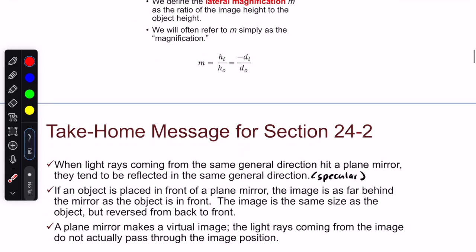So to wrap up this section, we talked about where light rays come from, how our brain interprets where they come from, and that for a plane mirror, it's a specular reflection, so they're all going to be reflected in the same direction. And if an object is placed in front of a plane mirror, then the image distance is equal to the object distance. The image size is the same as the object size, okay?